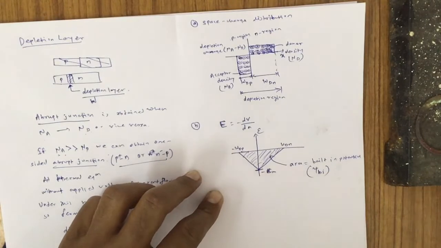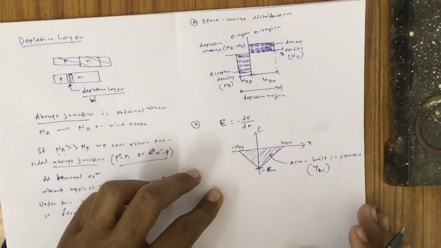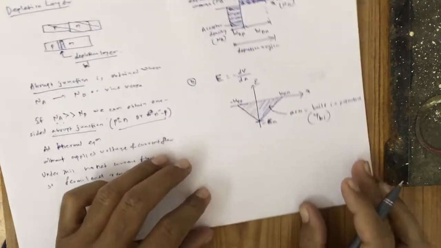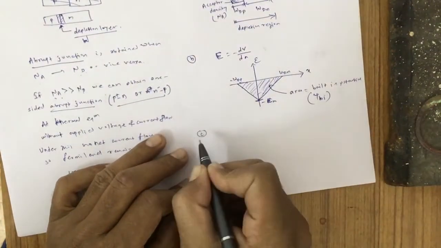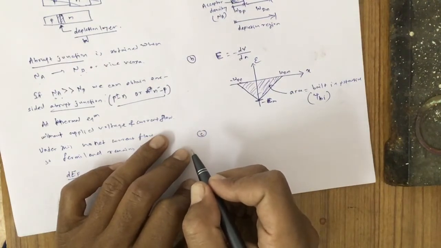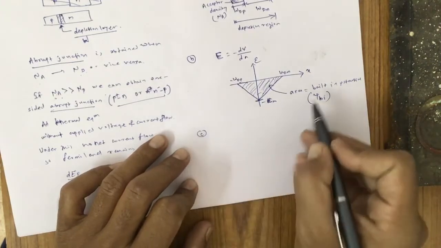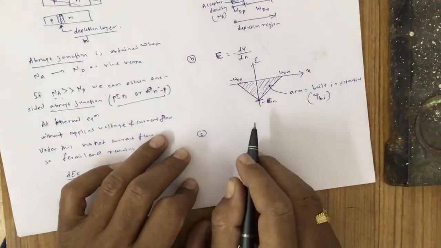Now this is electric field, and this is x on the other axis. Then the third diagram is the potential distribution, where psi bi is nothing but the built-in potential.